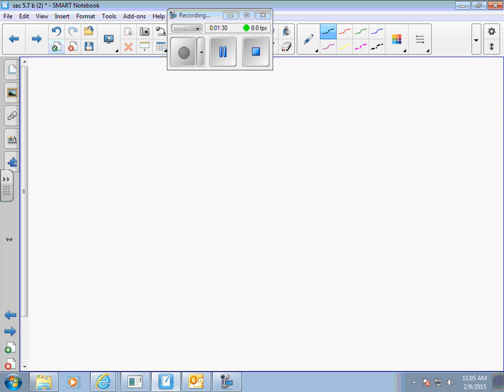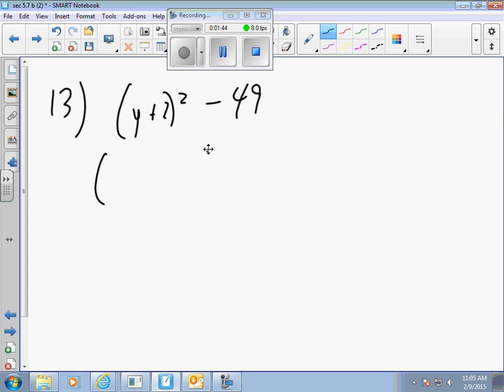Let's look at 13. We have y plus 2 quantity squared minus 49. Again, we have a squared thing minus a squared thing. So I'm going straight to my parentheses. The square root of anything squared is just that anything, so I'm going to have a y plus 2 in both front positions.